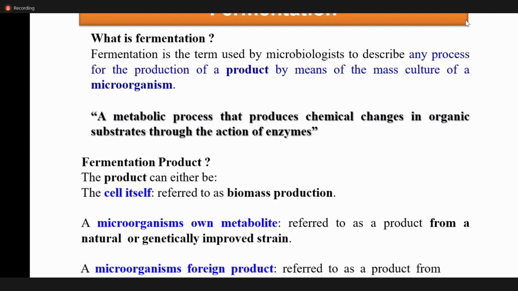Microorganisms have their own metabolites, referred to as a product, in a natural or genetically improved state. It is a very sensitive substance. Microorganisms can also make foreign products, referred to as recombinant products, containing DNA.